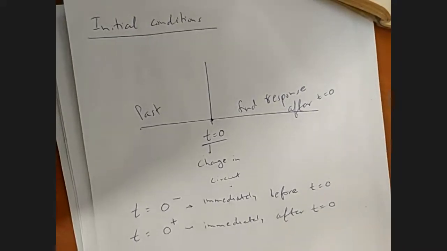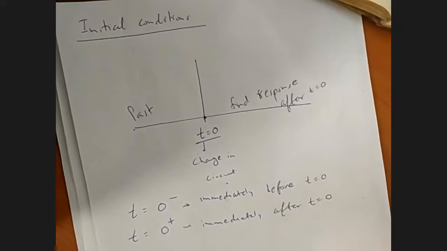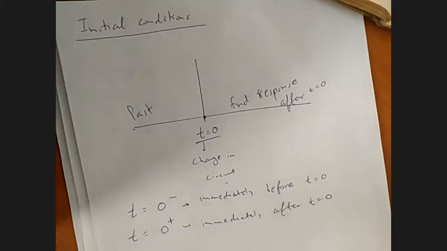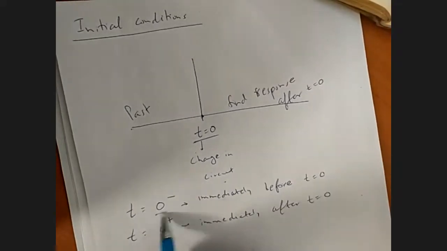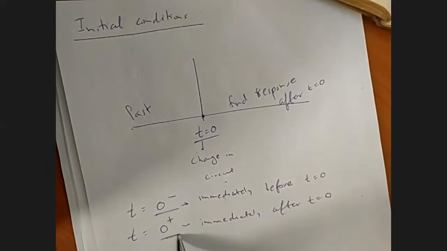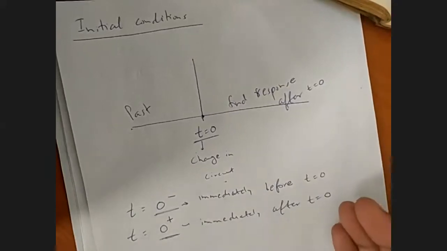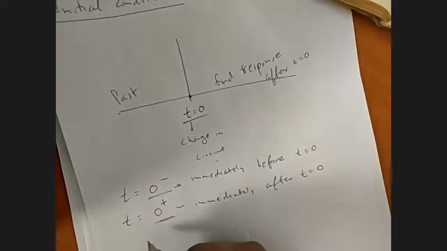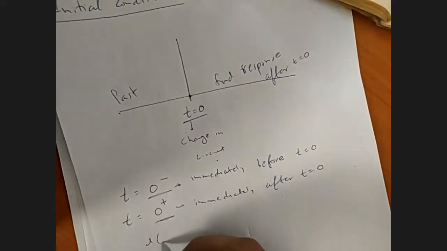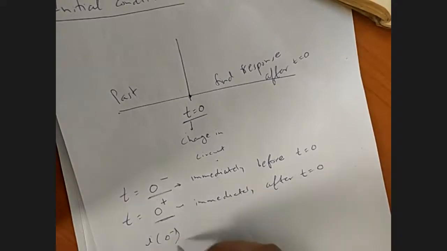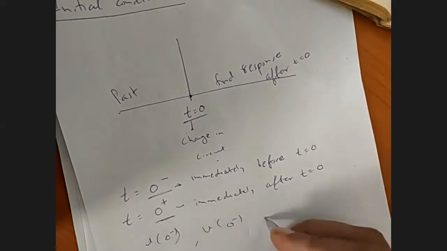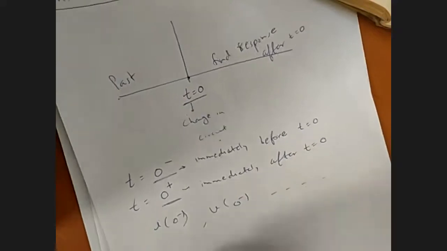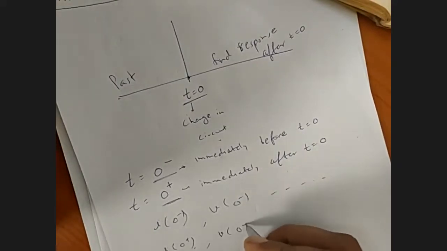Means what was there before t equal to 0 and what is there after t equal to 0 will be referred to as 0 minus and 0 plus. That is just before the change and just after the change. And our aim is to find out what is I0 minus, V0 minus, and so on, and similarly, what is I0 plus, V0 plus, and so on.